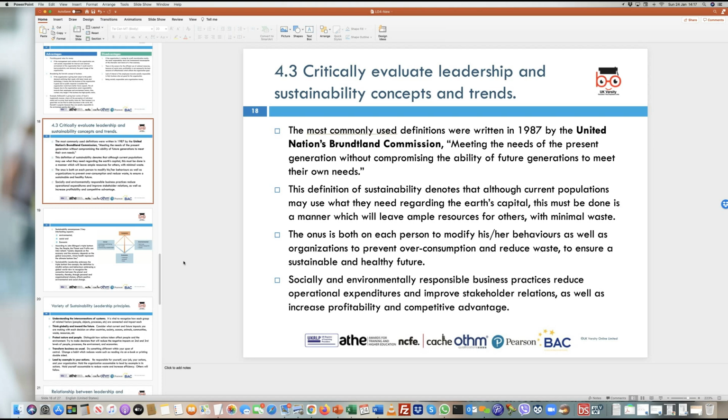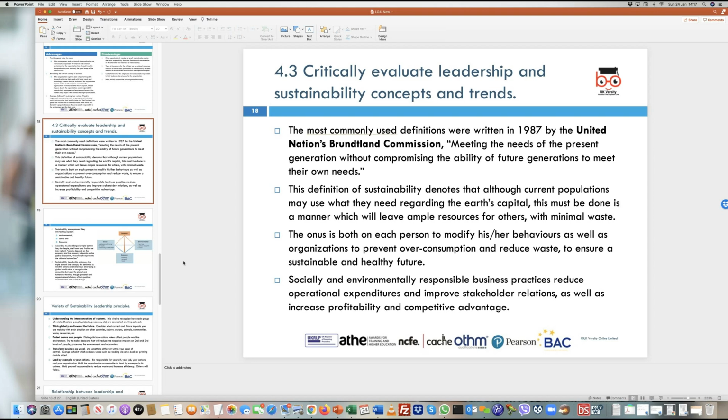This particular term, sustainable leadership, was actually coined by the United Nations Brundtland Commission, wherein in 1987 it was recognized that meeting the needs of the present generation without compromising the ability of future generations to meet their own needs would be required in large global transnational multinational organizations.